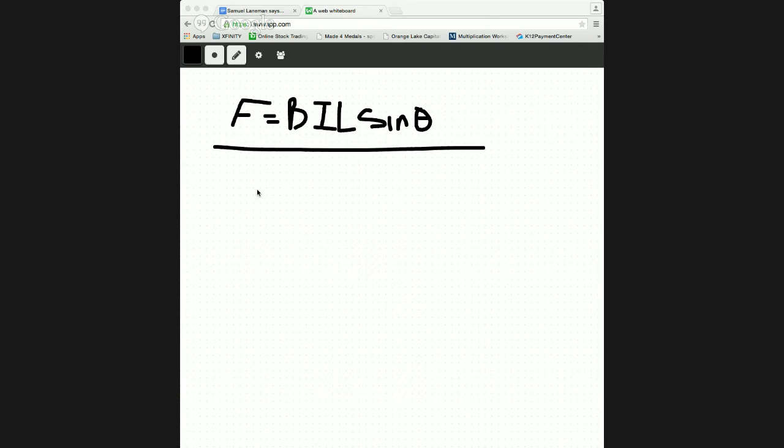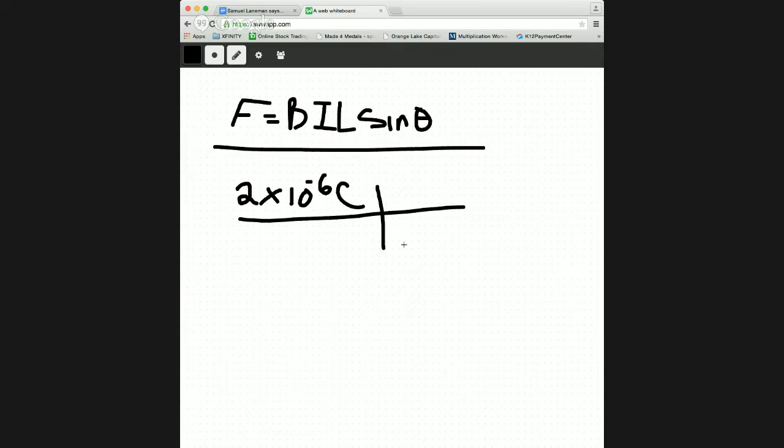So here we have the 2 microcoulombs, so 2 times 10 to the -6 coulombs of charge. And then you need to know, and this is on the equation sheet that you'll get, that 1 electron has a charge of 1.6 times 10 to the -19th coulombs.